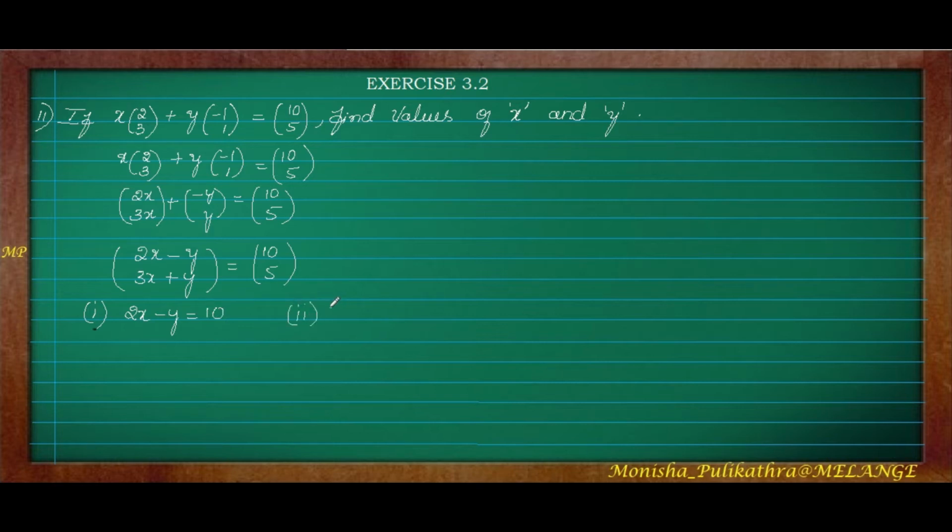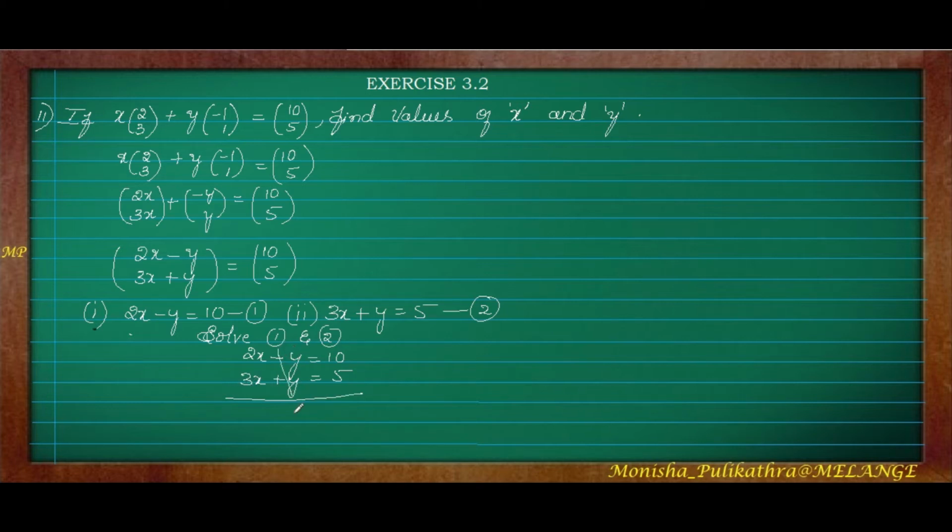In the second one, 3x plus y is equal to 5. So here, two equations are there. Let this be the first one and this be the second one. We have to solve equations 1 and 2: 2x minus y is equal to 10 and 3x plus y is equal to 5.